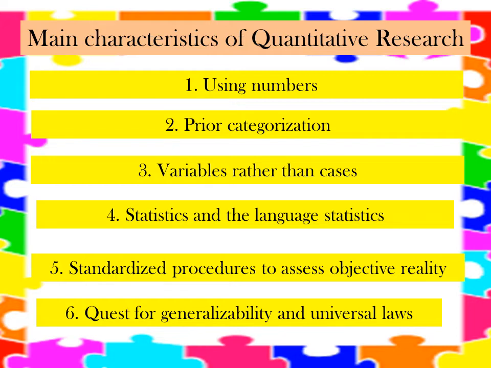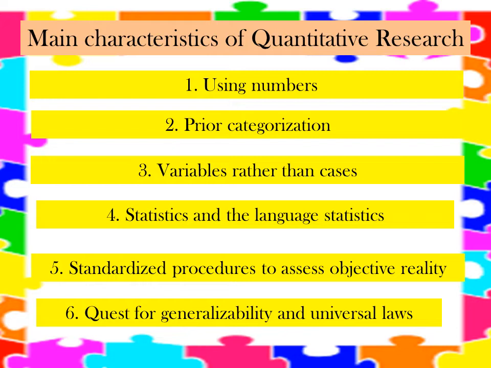For number 4, statistics and the language of statistics. This is the most salient feature of quantitative research. For number 5, standardized procedures to assess objective reality. Quantitative researchers have sought to eliminate any individual-based subjectivity.